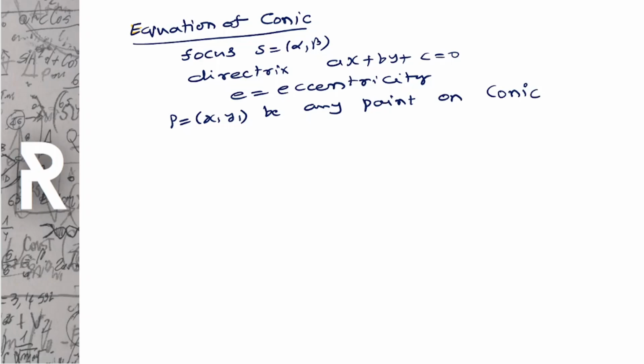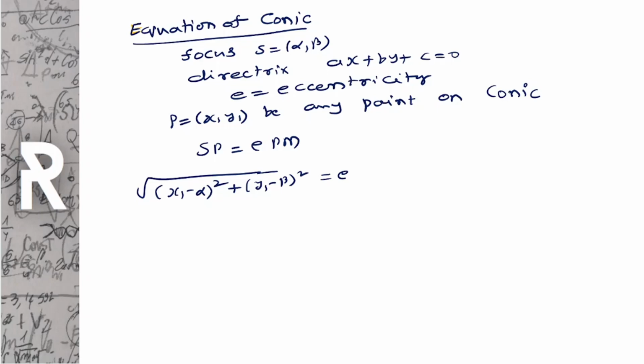Then SP equals E into PM. SP means the distance between the focus and the point P: square root of (x1 minus alpha) whole square plus (y1 minus beta) whole square equals E into the modulus of the distance from P to the directrix.